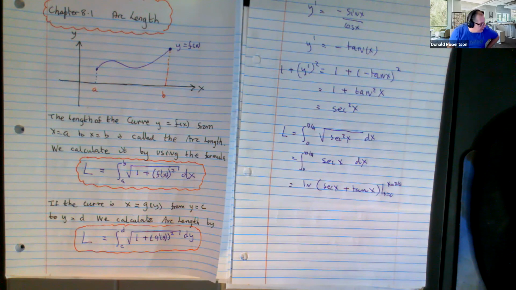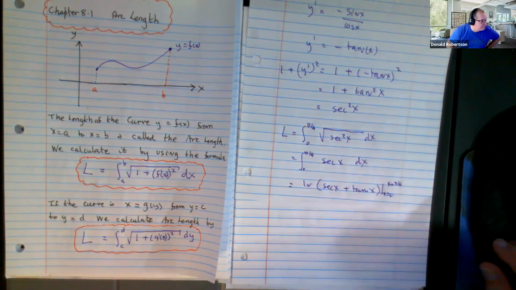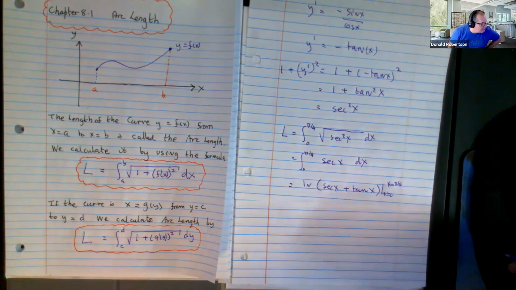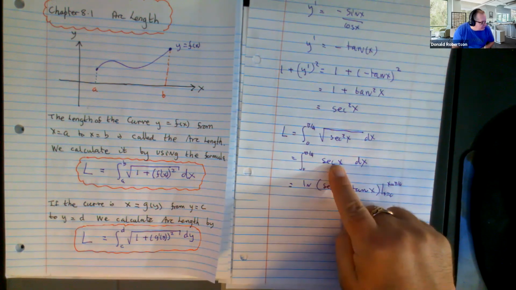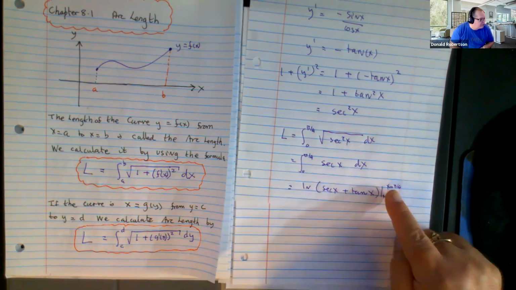So you just trust me, it's one of those guys you're just meant to know. Actually, you're meant to look it up at the back of the book. If you get really stuck in the e-book on an integral, somewhere at the back there's like 300 what are called standard integrals. One of them is this guy. So you just find it and write down what the answer is.